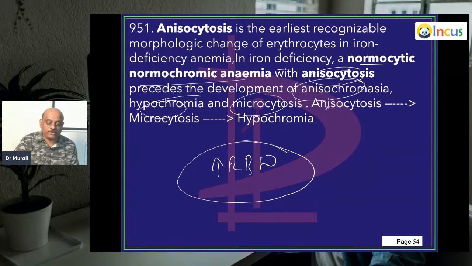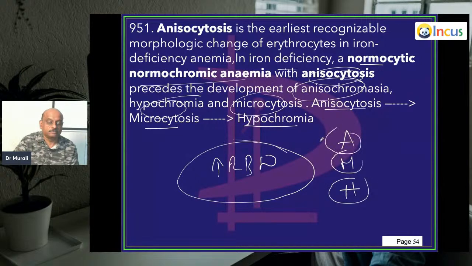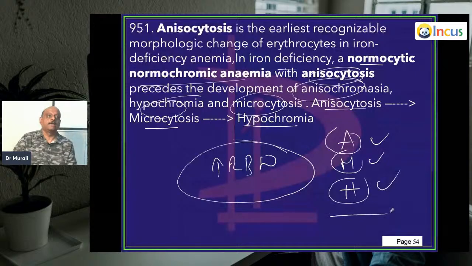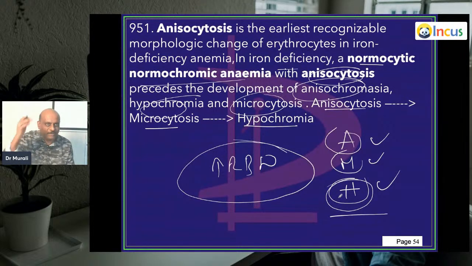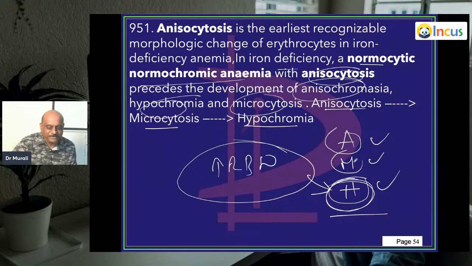So anisocytosis followed by microcytosis followed by hypochromia. Always remember AMH. Anisocytosis first, microcytosis next, and hypochromia last. Losing the color of the hair, if hair is still there, is what you will do last, no? So remember, chrome is gone last. So first is anisocytosis.